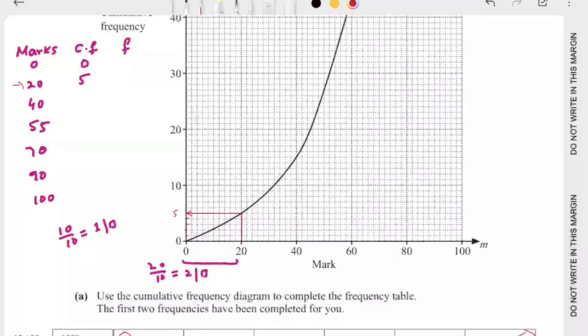Now for the next marks, we have to see the cumulative frequency from the graph, and in front of 40, let me find here. It is 11, 12, 13, 14 and 15.